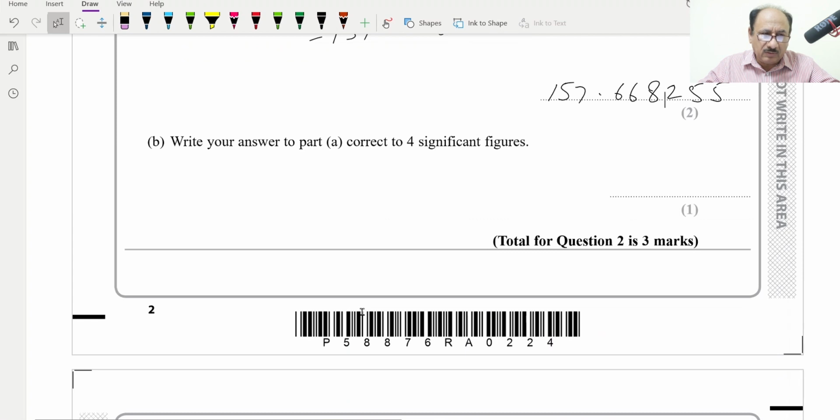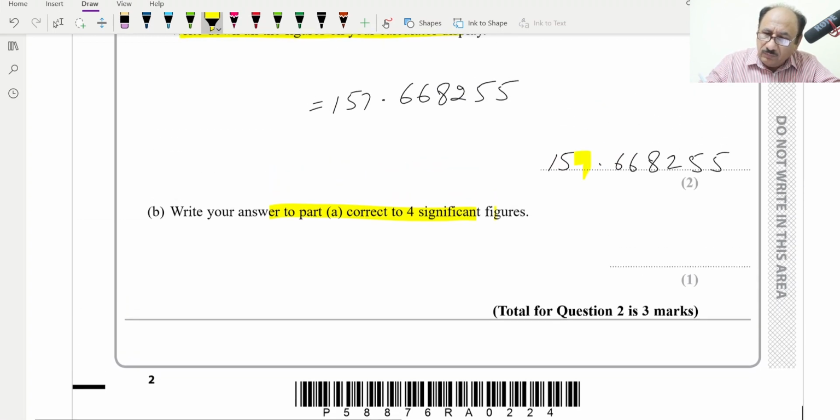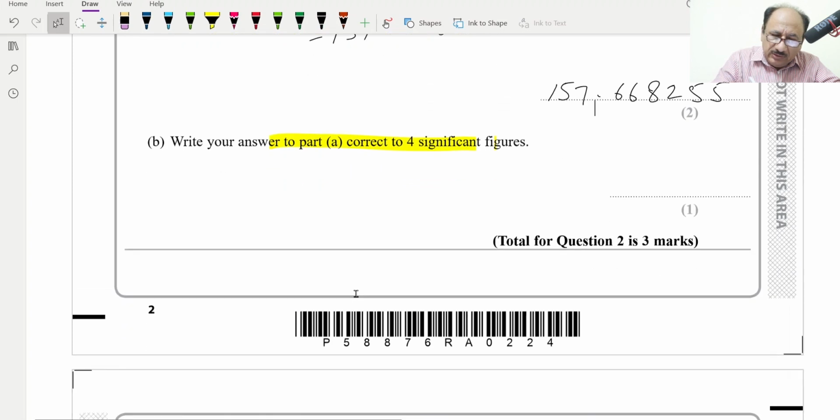Then B part, write your answer to part A correct to 4 significant figures. So if I rewrite this, it was 157.668255.